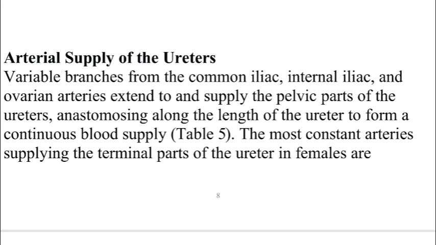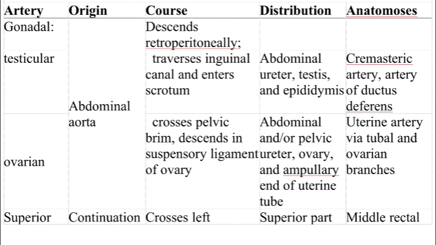The most constant arteries that supply the terminal parts of the ureter in females are branches of the uterine arteries. Of course, in males, you don't have uterine arteries, so the inferior vesical artery gives branches that supply the terminal parts of the ureters. Table 5 gives the details of the arteries that supply the ureters.